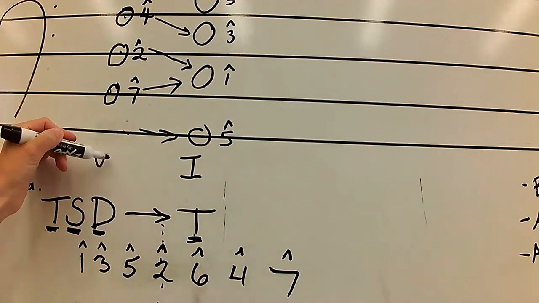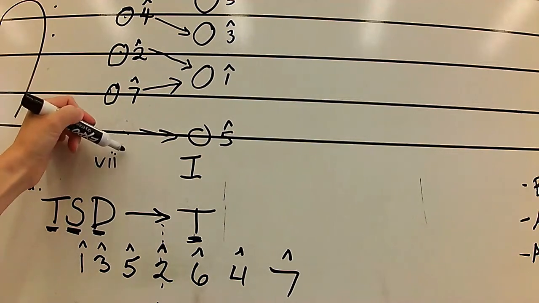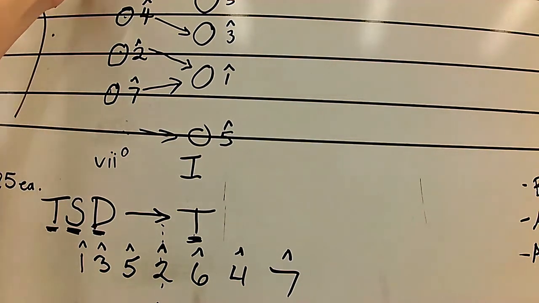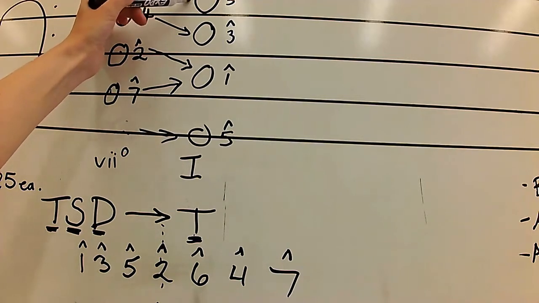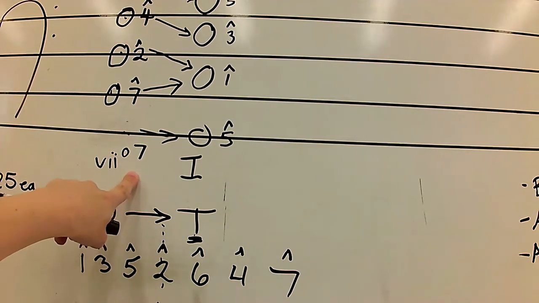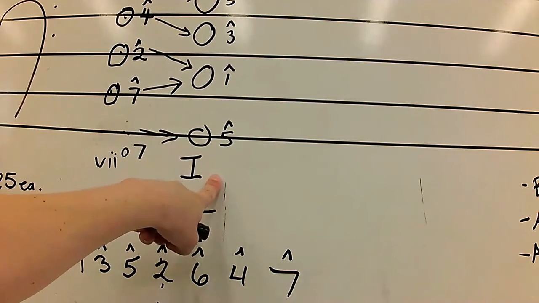What would we call this chord? That's right, boys and girls, the 7 chord. And if we add the 7th to this, here's la, here's 6, that pulls even more, right? That's going to be a very strong pull to resolve to 1.